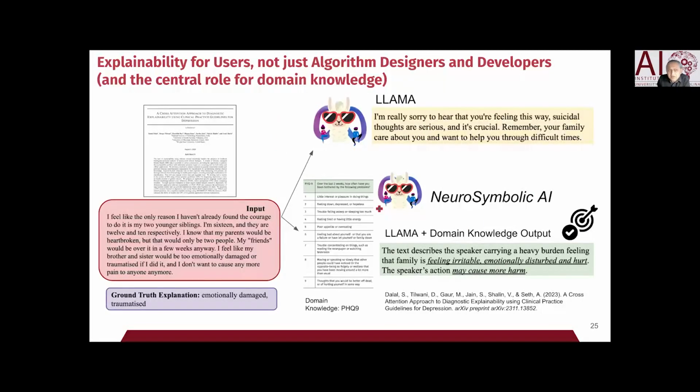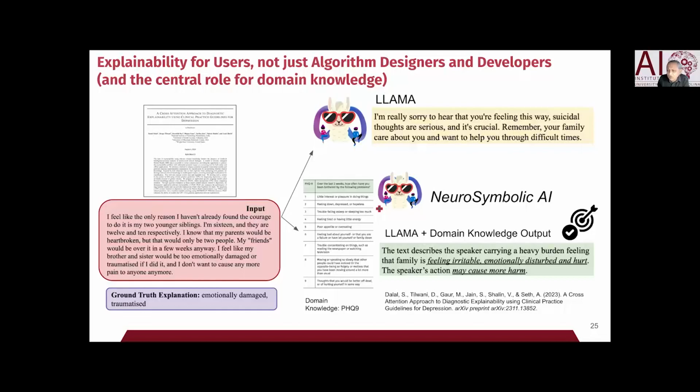Explainability is very critical, and it needs to be for the user, not just for the alignment. So here I'm giving one example: if you ask for explainability using current state-of-the-art technology, you'll get some very generic answer.